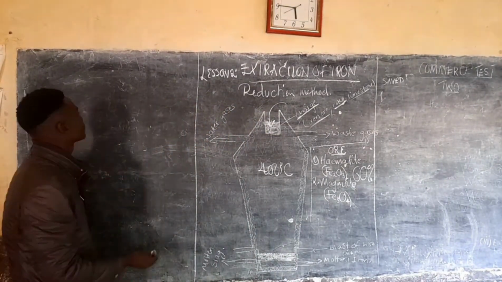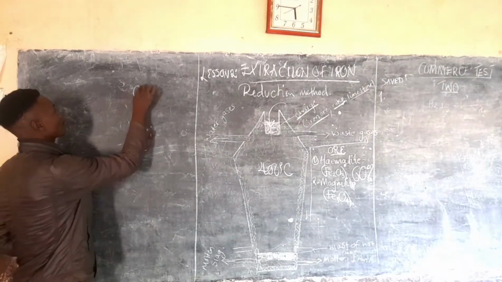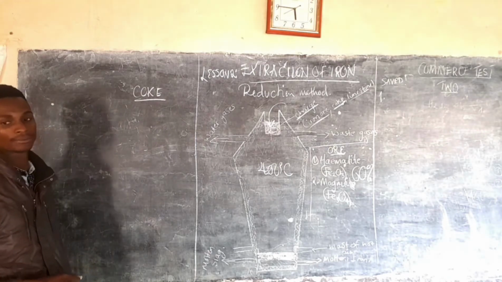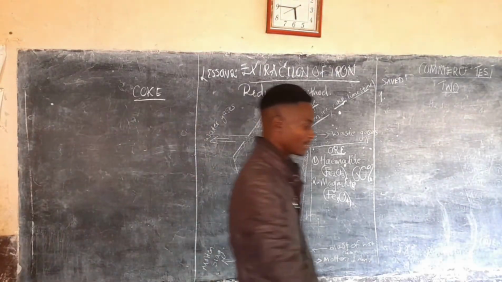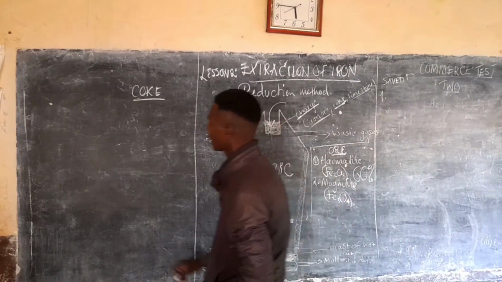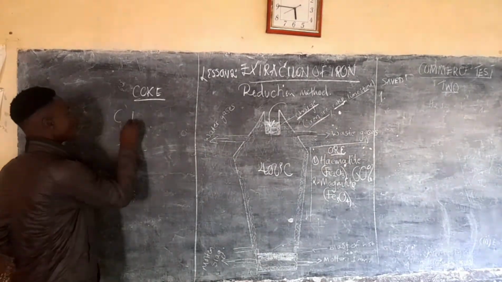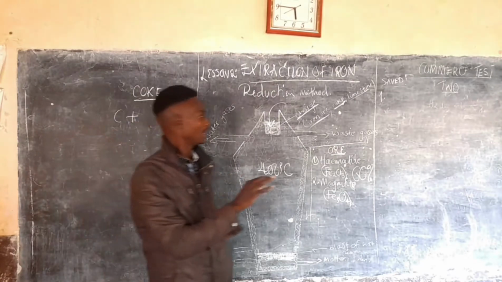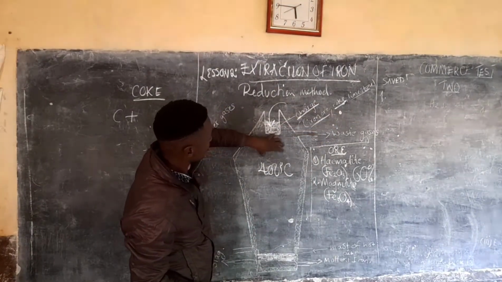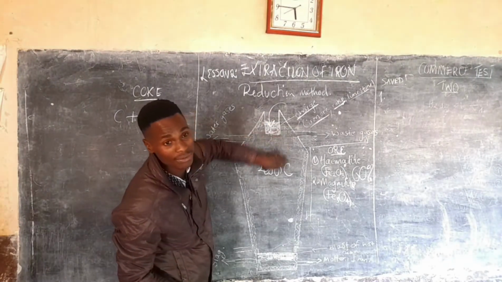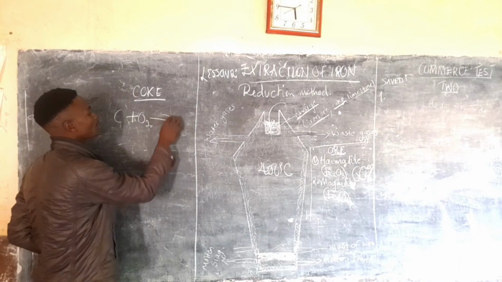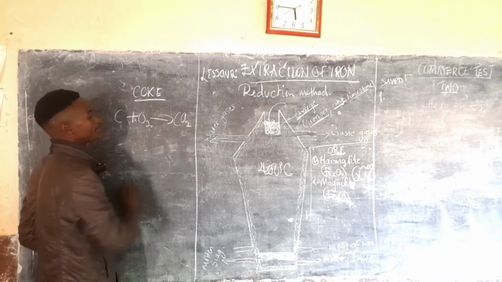So let's start with coke. Coke is carbon in its solid state. This coke reacts with oxygen in air to form carbon dioxide.